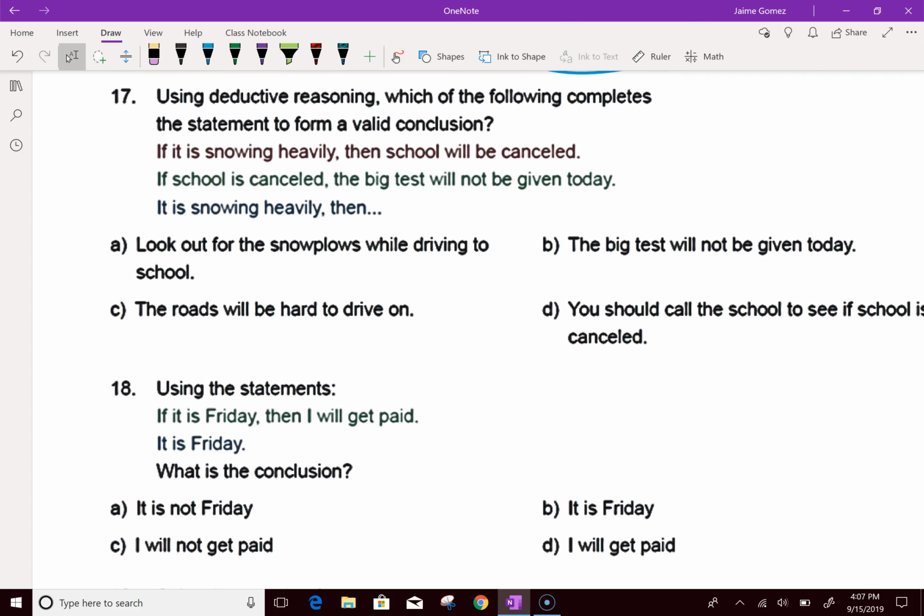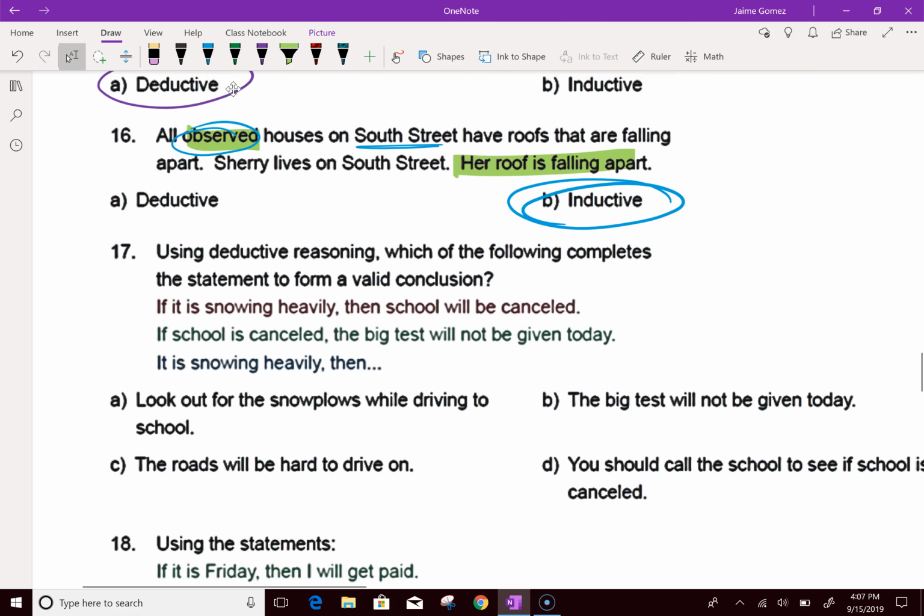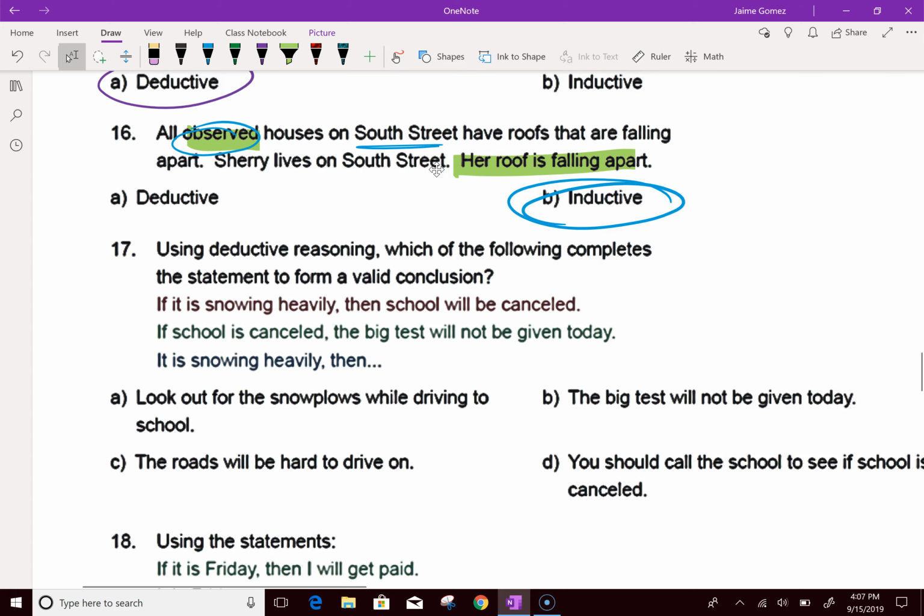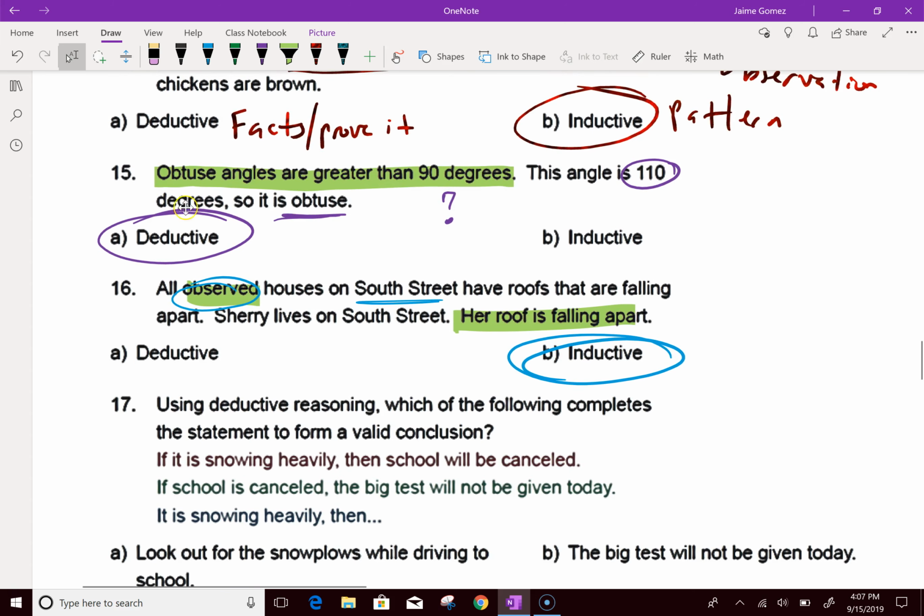17. Again, all these questions match the questions to your test. They're not the same exact question, but they're the same type of logic. If the question on the review says to use deductive reasoning here, well then on your test you use deductive reasoning. If number 16 asks you is it deductive or inductive, right? Then on your test it's going to ask you is it deductive or inductive. 15, is it deductive or inductive?